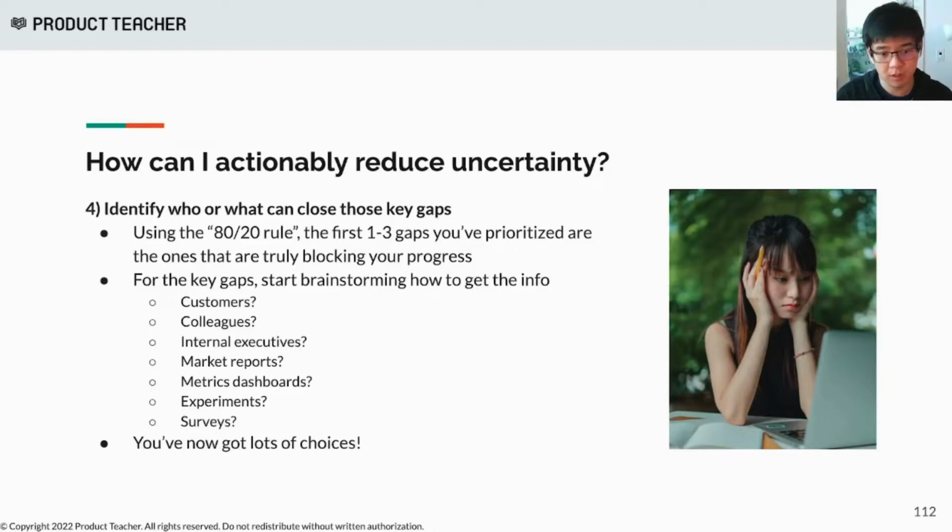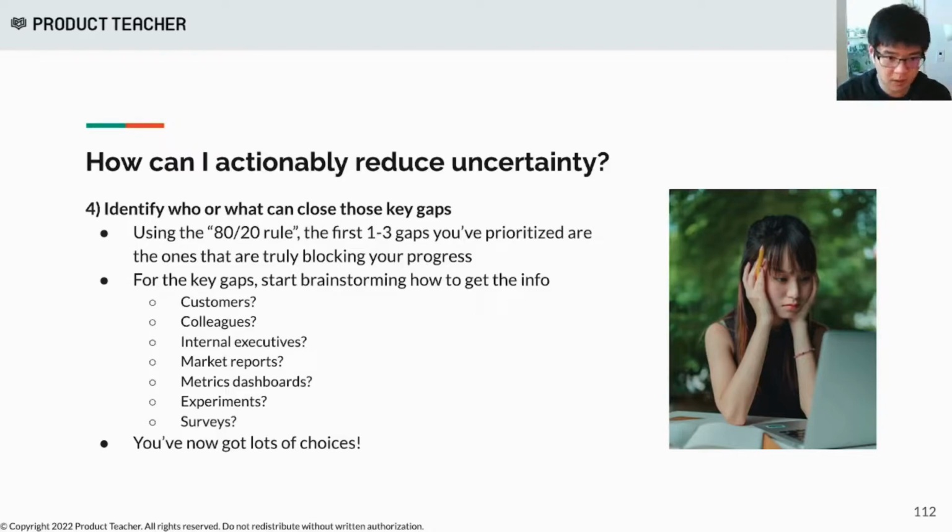And again, product management is a return on investment game. It's all about making sure that we are doing the least amount of work that drives the most value, because we're always constrained by time and resources. So really, what are the one to three things that we need to resolve that will help us unlock the 80% of knowledge that we need to actually make forward progress?